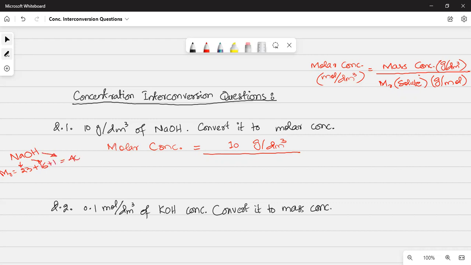The whole thing comes out to be 40, so it's really 40 gram per mole. So I would easily be able to cancel these values and come up with an answer in mole per decimeter cube unit. So what is that answer? Go ahead, try to solve this one by yourself. You'll know what I was talking about.